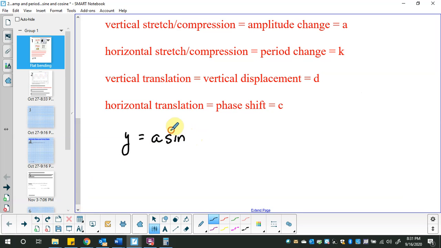I'm going to use sine first. Then we have to talk about a potential change in wavelength, or a period change, which is a horizontal stretch and compression. Then we talk about a phase shift, so a sideways movement, a horizontal translation. Then finally, we can move a picture, a graph, the sine curve, up or down.